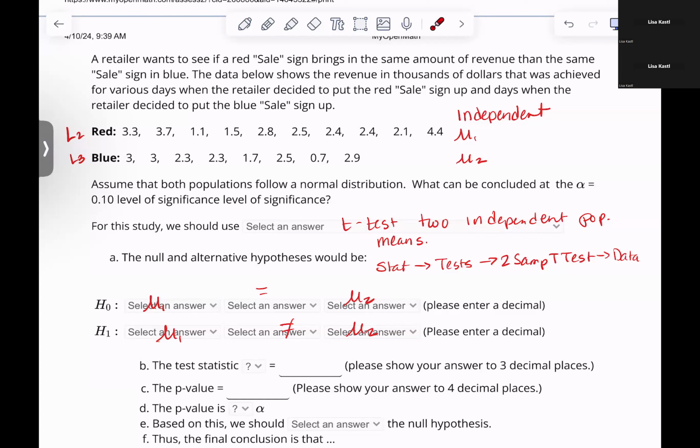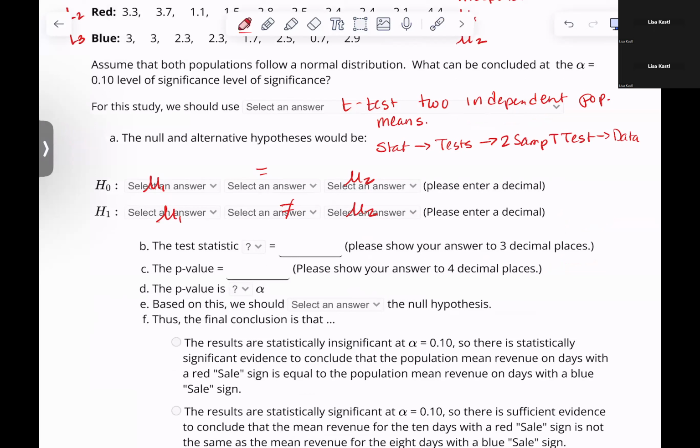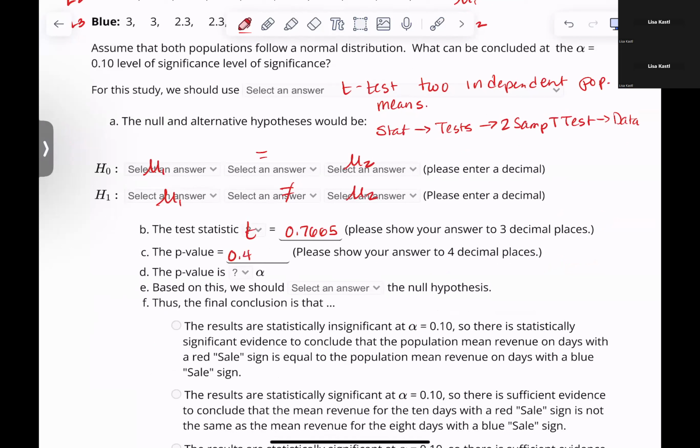How many decimal places? 4 decimal places. 0.7665, so that is T. And the p-value is 0.4545. Is that greater than alpha? 0.45 is greater than 0.1. So based on this, we would fail to reject. The p is high, the null must fly.